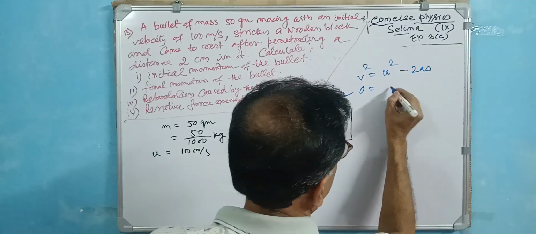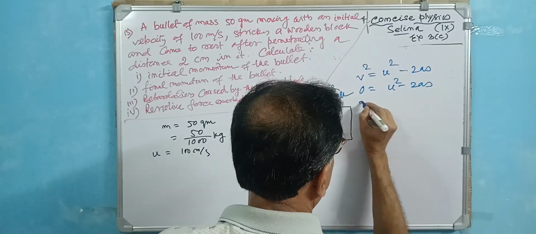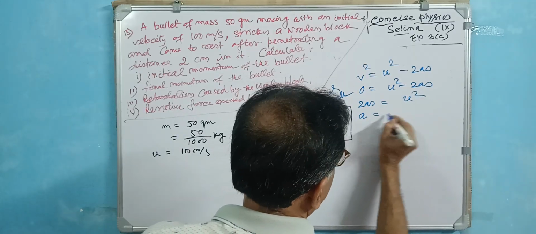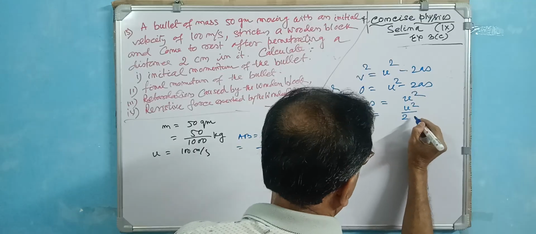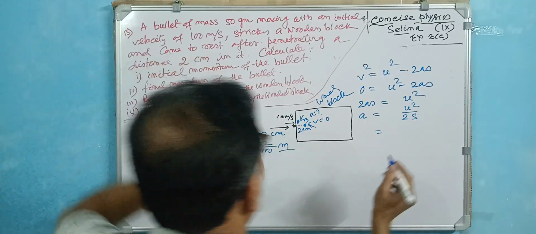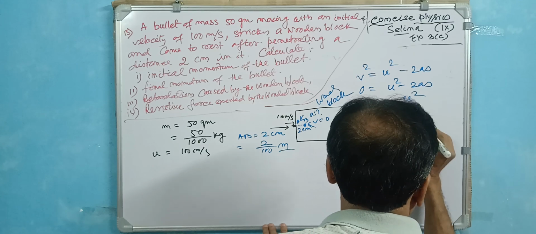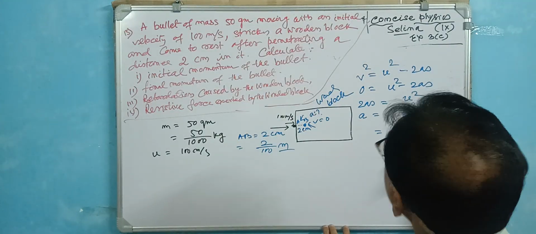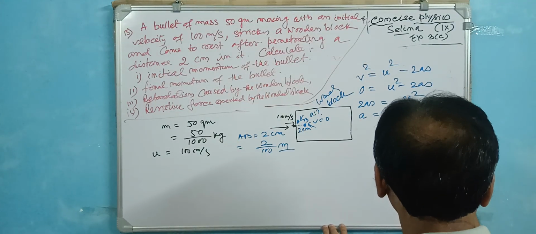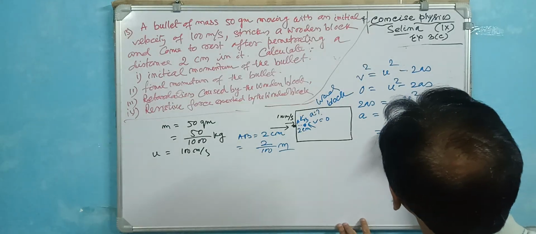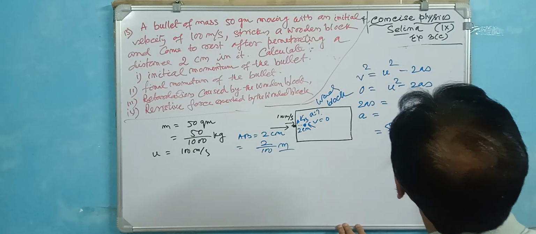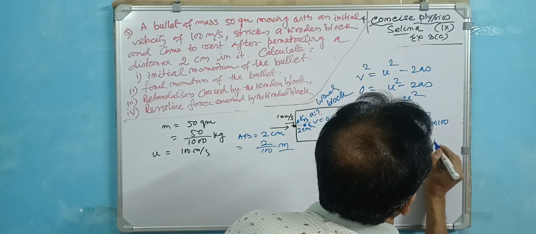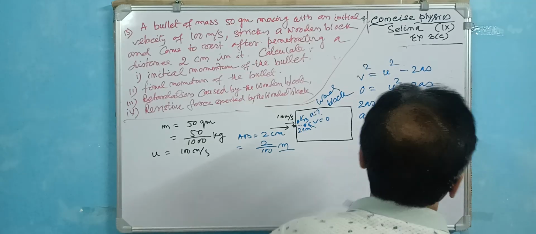That means v is 0, this is u square minus twice a. Easier calculation. So twice a is equal to u square, so calculate the acceleration: u square by twice s. Now u is 100, 100 into 100, divided by 2, and s is 2 by 100. The 100 I will take up. Now this is 50, this is also 50. So actually this is 25 into 10 to the power 4 meter per second square. This is the acceleration.